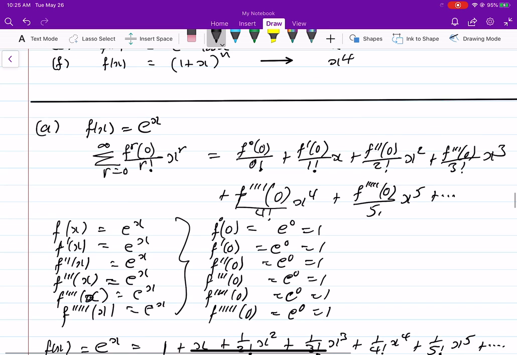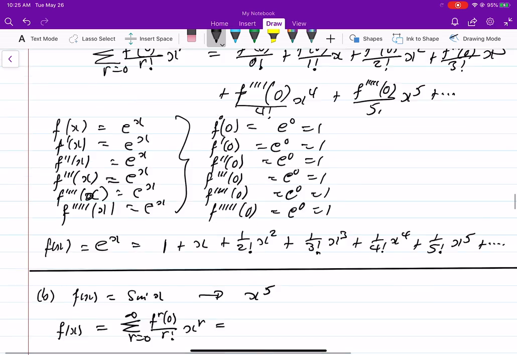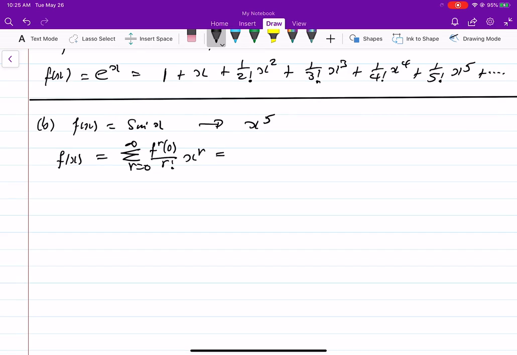And then I write out the series expansion, so we can make it all fit in one line.